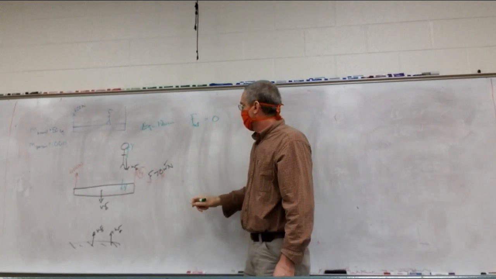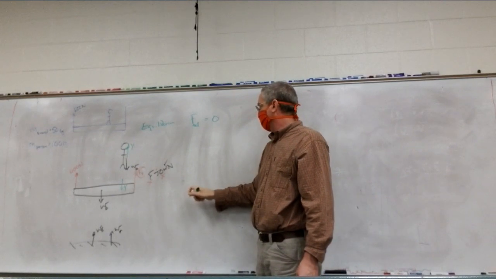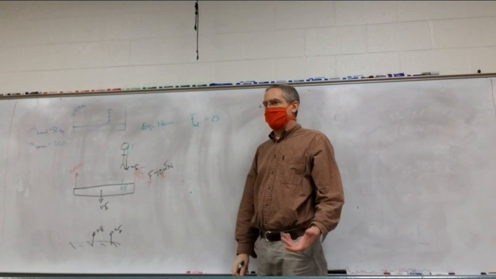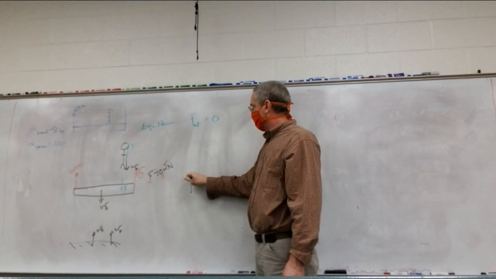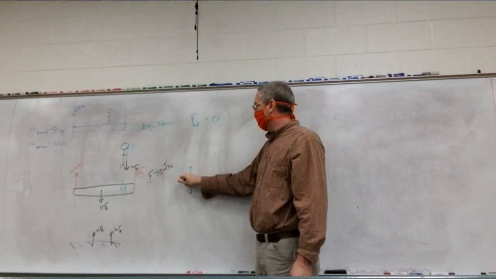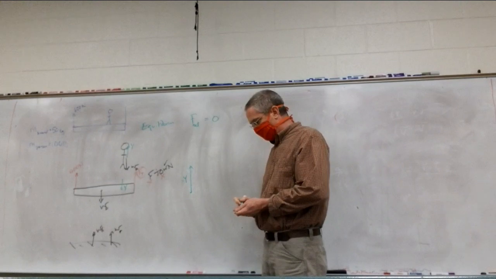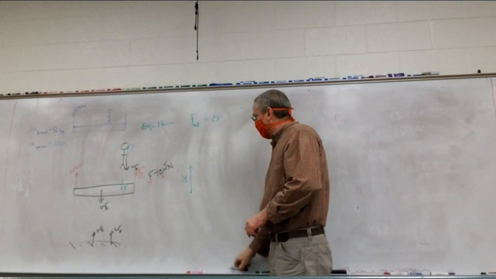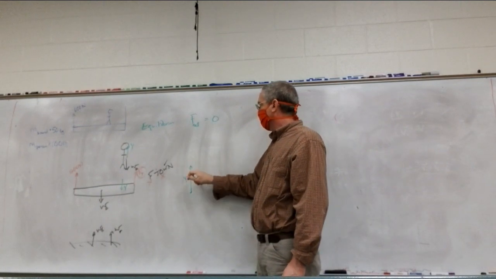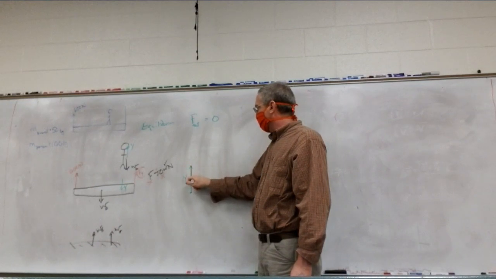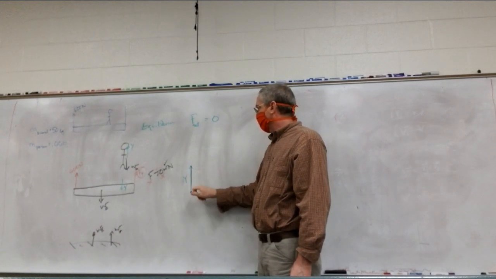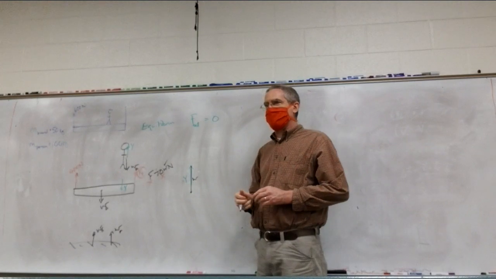In other words, if I drew it, when you add vectors, you add them head to tail. We have normal force acting up. And now I'm here. And then weight acting down. And we should end up back where we started.